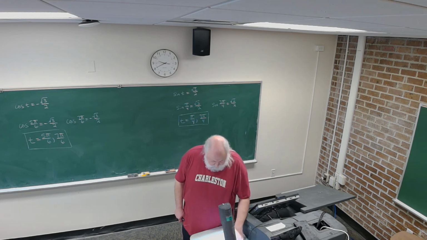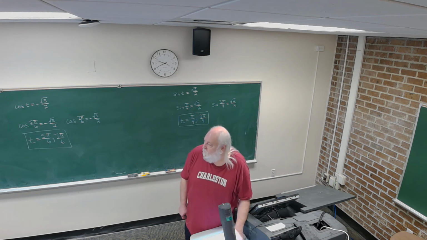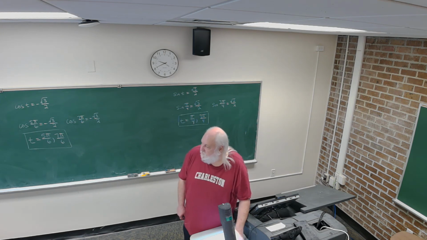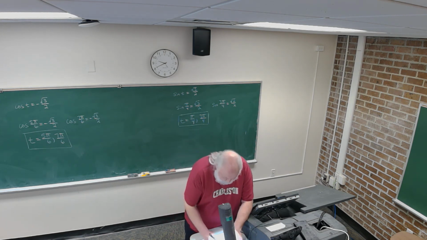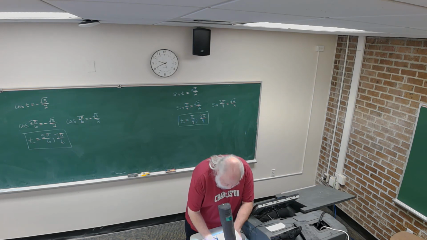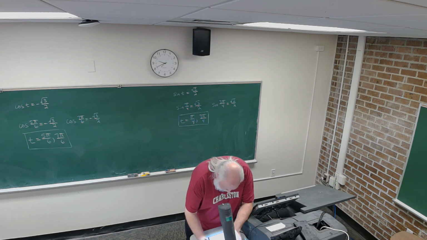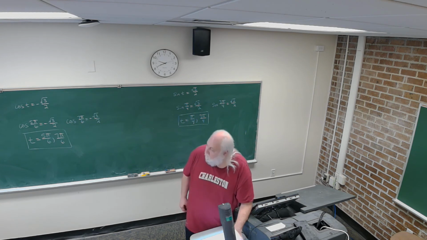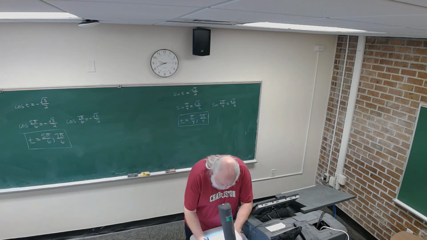Down below we have the graph of y equals the cosine of x minus pi over 2. So this is a transformation of the graph of y equals cosine x, where we replace x with x minus pi over 2.